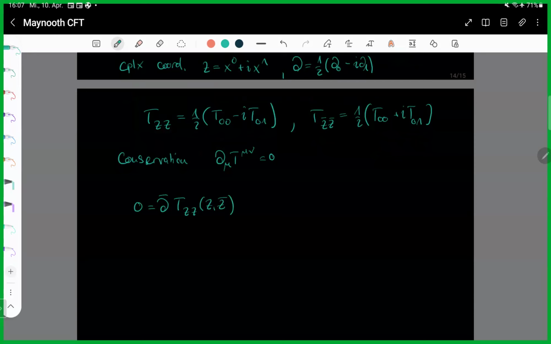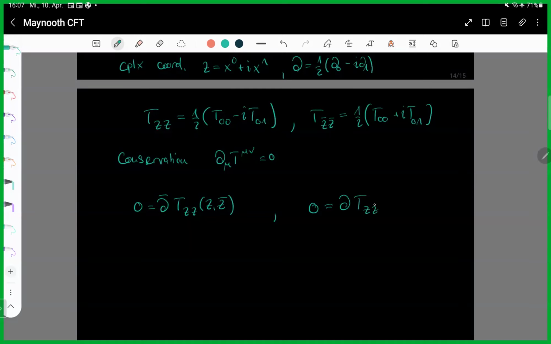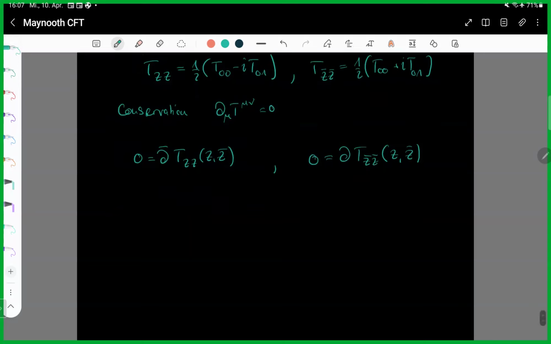So T_zz can in principle be a function of z and z bar, where you think of z and z bar as independent. And likewise, T_z̄z̄ can also be a function of z and z bar. But conservation forces T_zz to be a function of only z.